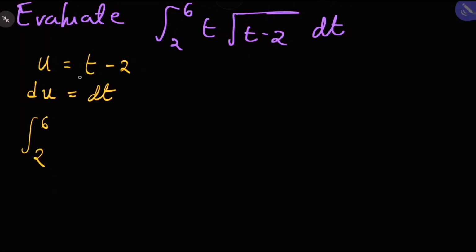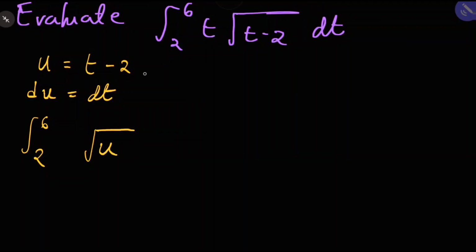Now if u equals t minus 2, then for the root t minus 2 we have root u. And for our t, we're going to write t in terms of u.